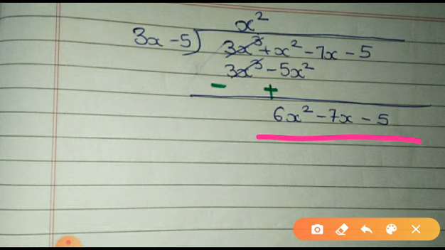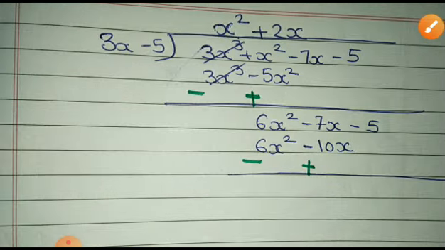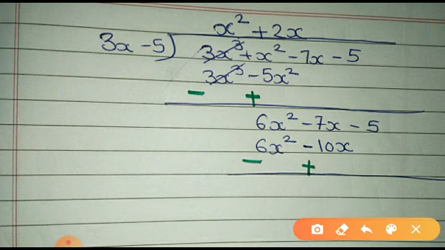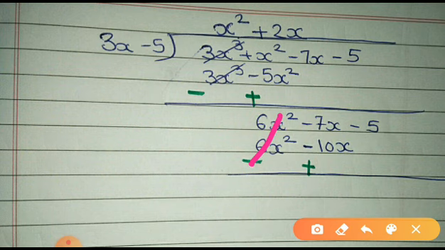It will be plus 2x. Again 2x should be multiplied to each term. Here I will be getting 6x square minus 10x. Change the sign and then again I will get minus 7 plus 10, it is 3x minus 5.